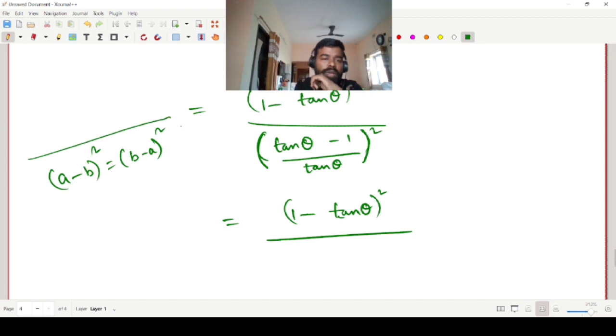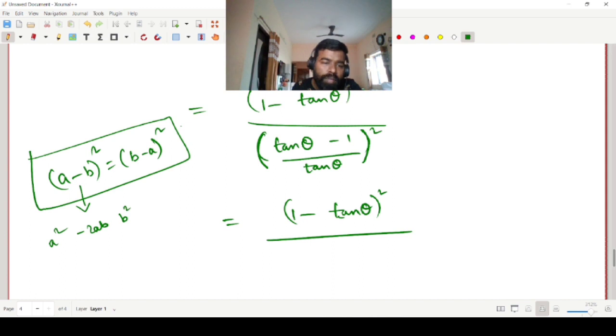Make sure you understand this, because whenever we do a minus b whole square, the negative part is only minus 2ab, and the rest, a square and b square, are already positive. Same thing we get here also: b square and a square are already positive, so the negative part is 2ba, and in fact they are the same. That's the reason why we can write a minus b whole square as b minus a whole square.